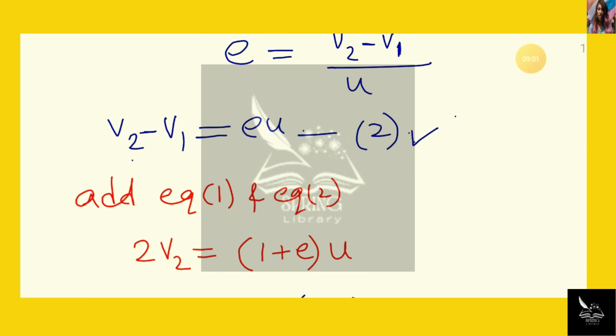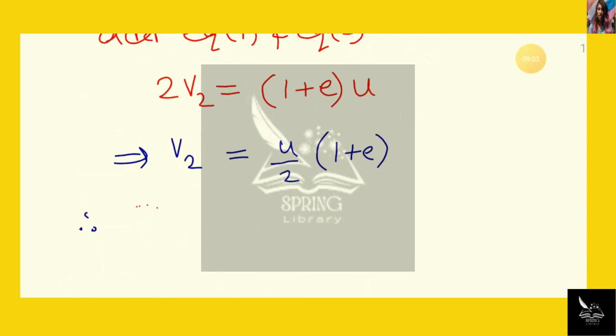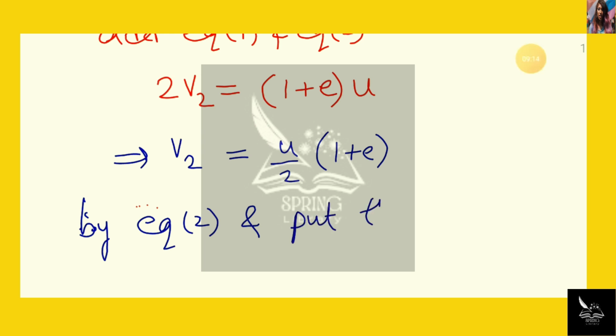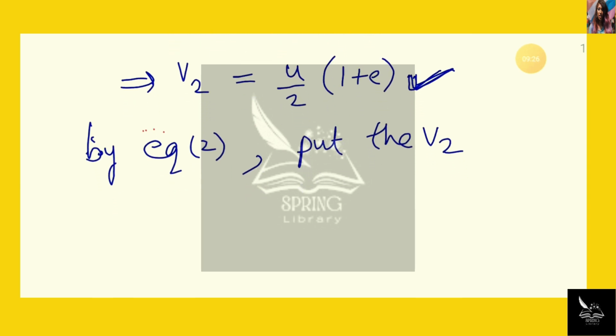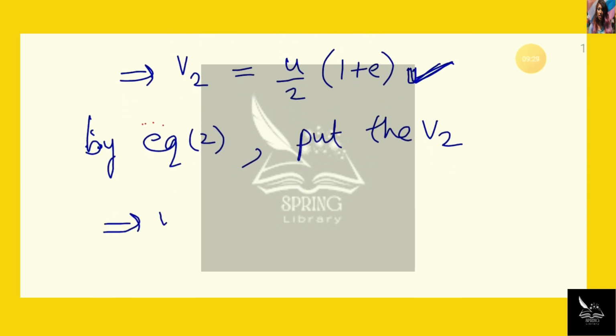By using equation number 2 and putting the value of v2, the result will be v1 is equal to u over 2 times parenthesis of 1 minus e.